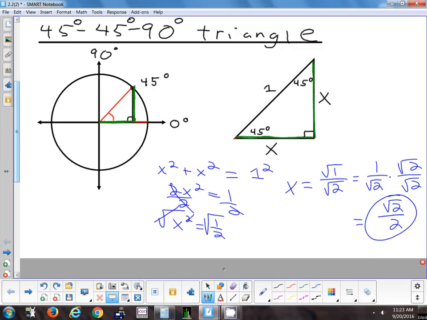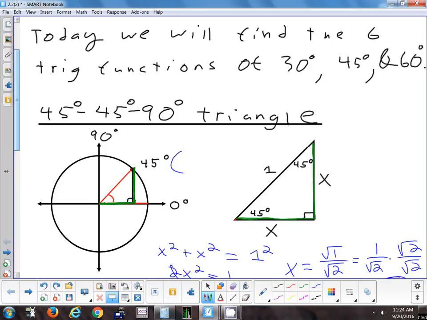That's what x equals. So now we know how long the bottom is. We know the height. So let's apply that here and see if we can get a coordinate for 45 degrees.